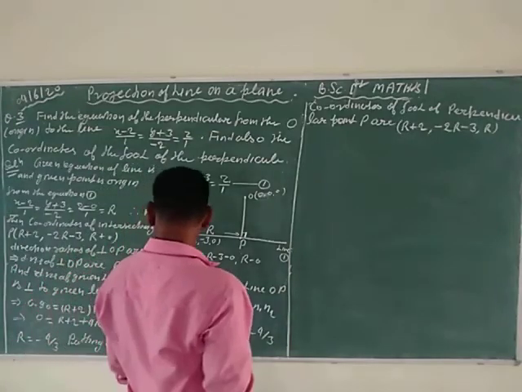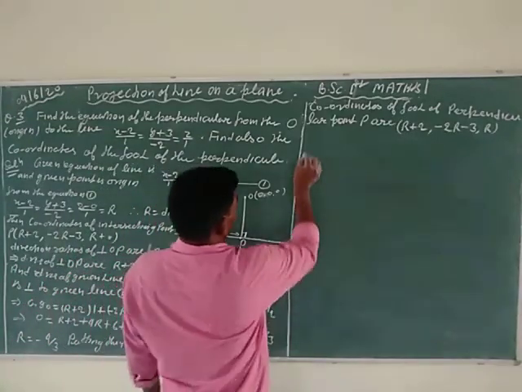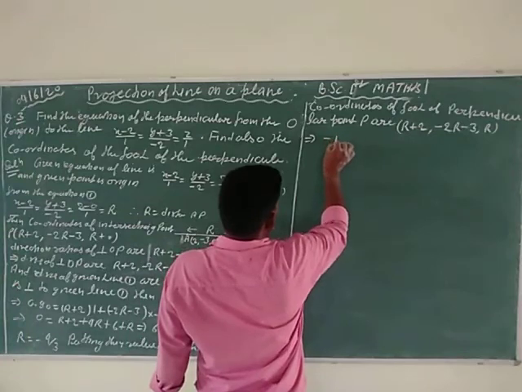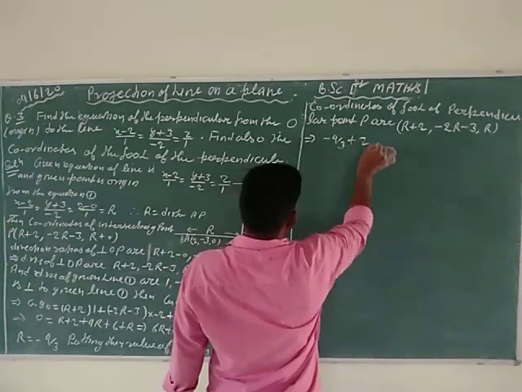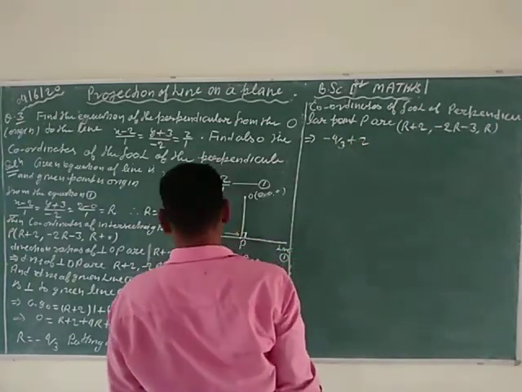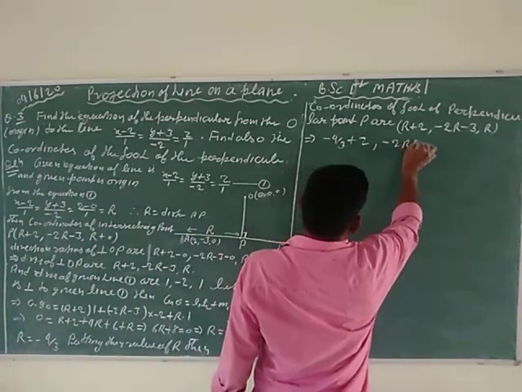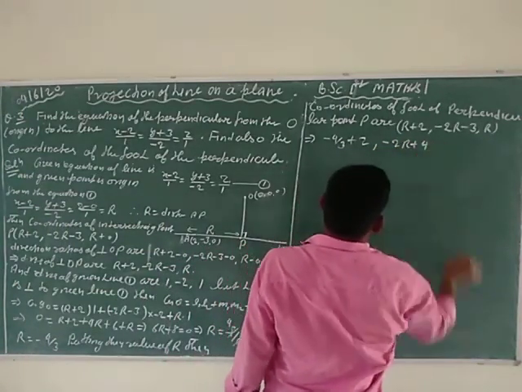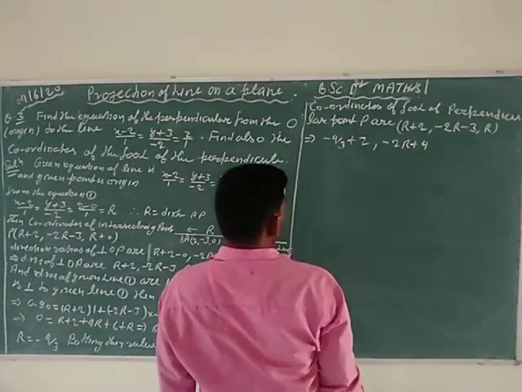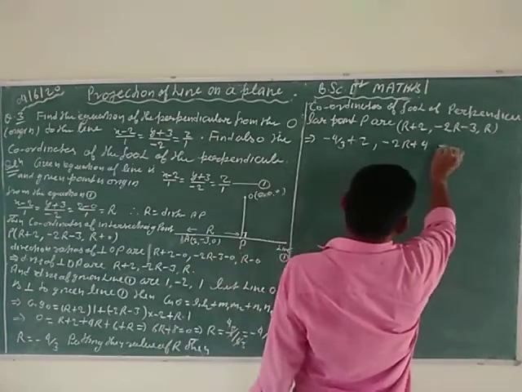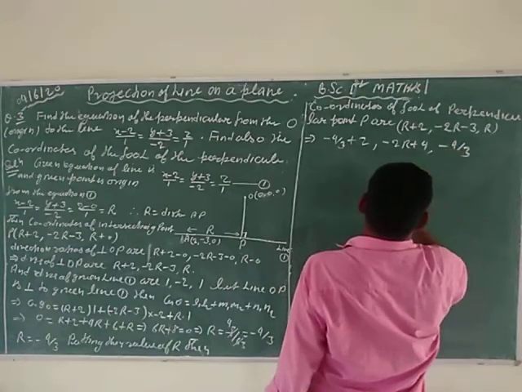Putting the value of r, here r is equal to minus 4 by 3. So minus 4 by 3 plus 2, minus 2 times minus 4 by 3 minus 3, and minus 4 by 3.